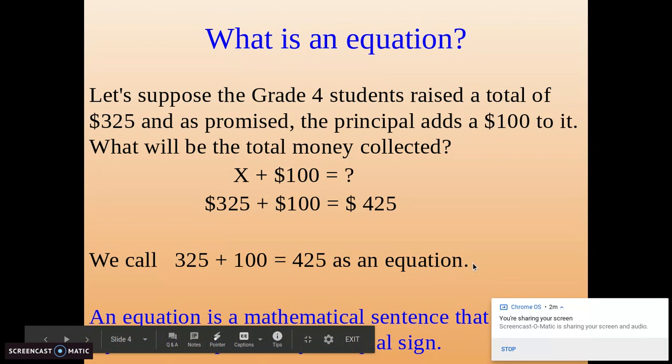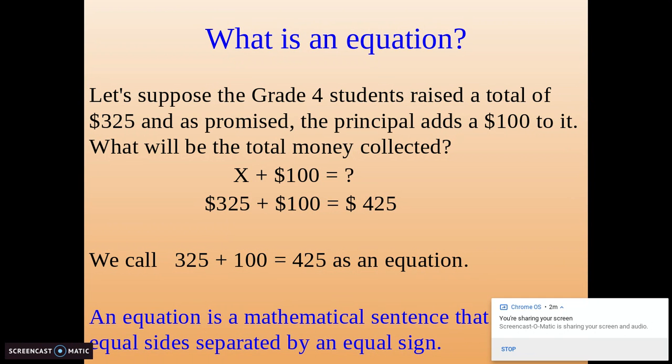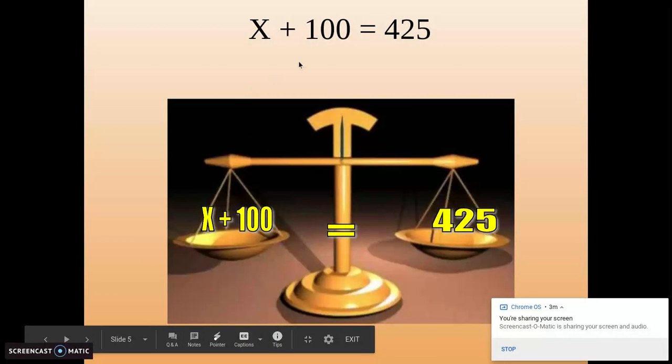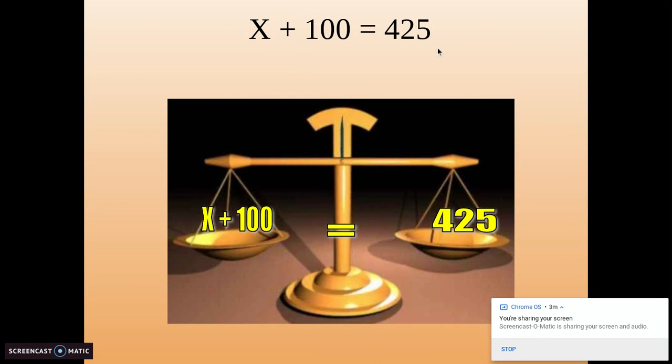An equation is a mathematical sentence that says that the left-hand side of the equal sign is equal to the right-hand side of the equal sign. This is also similar to when you add any two numbers and then you write that it's equal to the total. Now, consider x plus 100 equals 425.